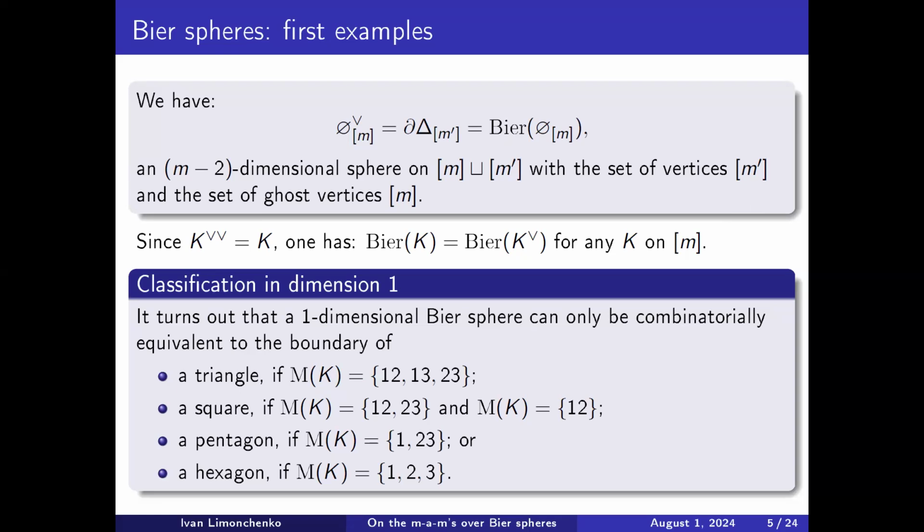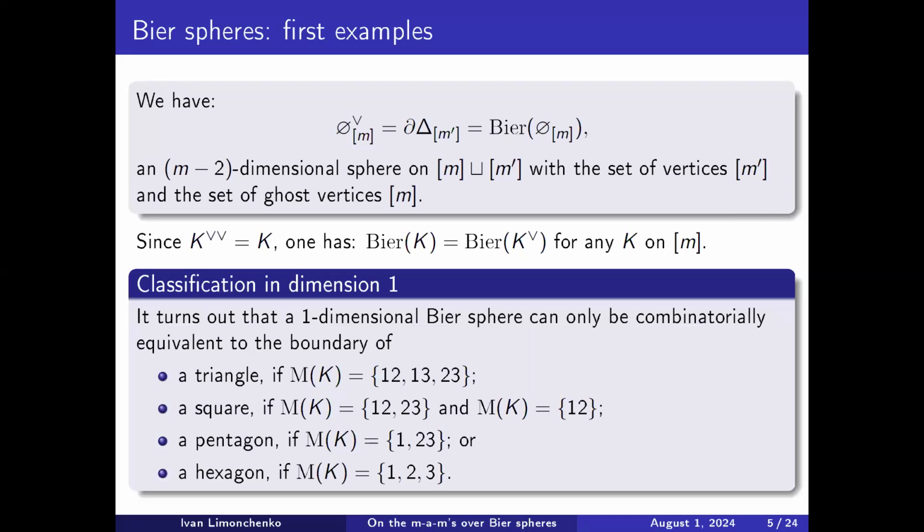So it's an (m-2)-dimensional sphere sitting on [m] prime and having [m] as its ghost vertices. This can be generalized, and we will see that it's always an (m-2)-dimensional sphere, and the number of actual vertices always varies between m and 2m. Like here, it's m, and of course it can be 2m, and basically everything between them.